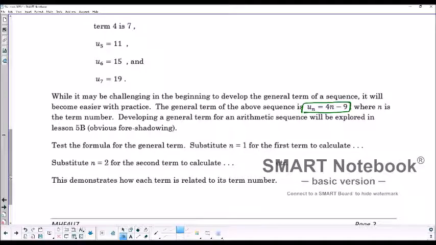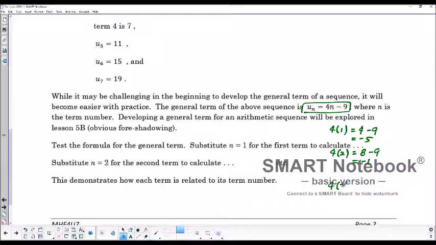So if we test that, if we substitute 1 in for n, 4 times 1 is 4, and we subtract 9, we get -5. That's the first term. 4 times 2 is 8, subtract 9 is -1. So we're on to something here.